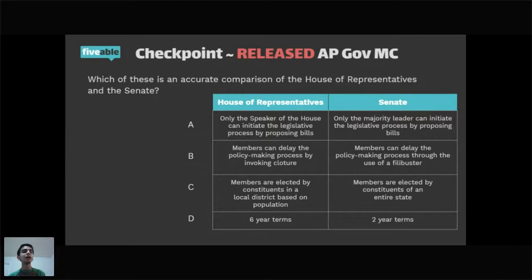If you know that fact, just by doing a little bit of reading, make sure that you read all of the answer choices and the entire sentence, because a lot of times on the AP exam they'll throw in complex terms to try and distract you, and sometimes it could be the right answer.